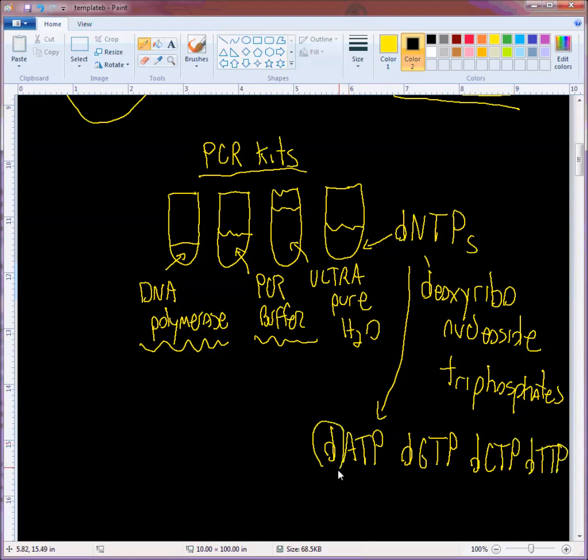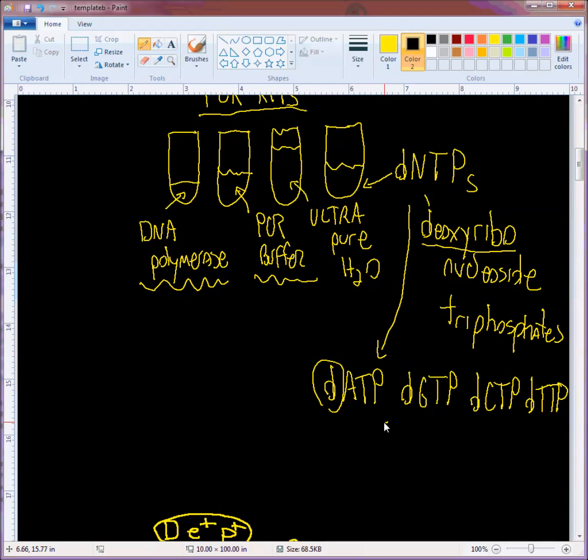So the d is for deoxyribo because we're making DNA, not RNA. And at the 5' ends of these here, we are going to have 3 phosphates. And at the 3' ends, we're going to have an OH group. And remember the 5' carbon and a 3' carbon from our discussions of the structure of a nucleotide.